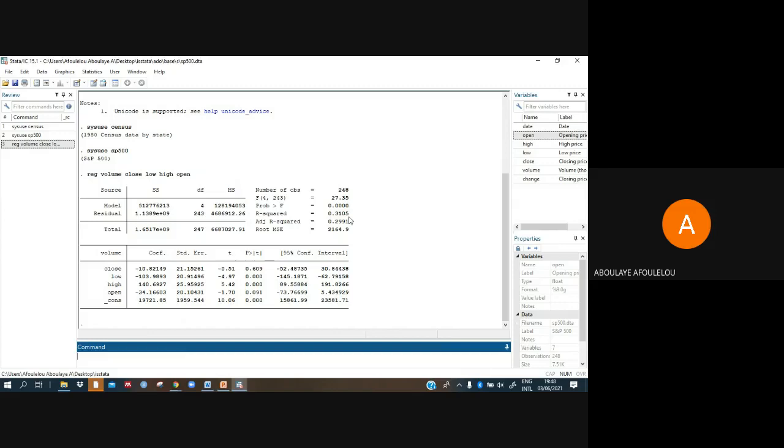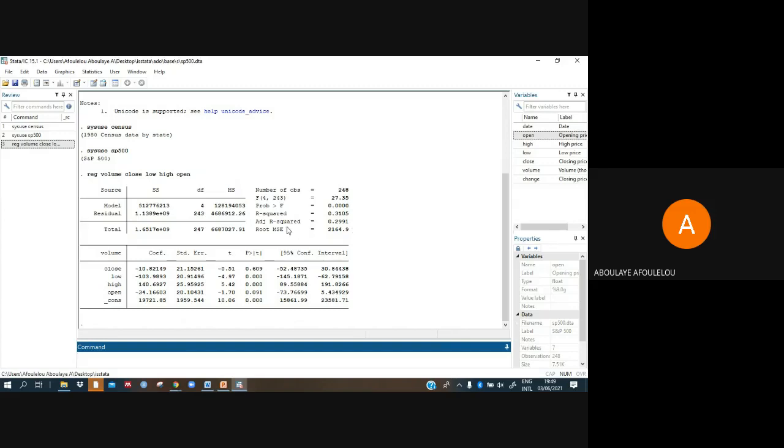The R square is good when it is over 0.5. When it's less than 0.5, that means that the independent variables don't explain well the variability of the dependent variable.